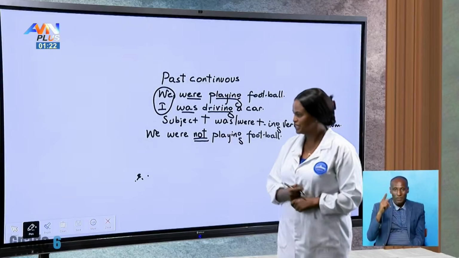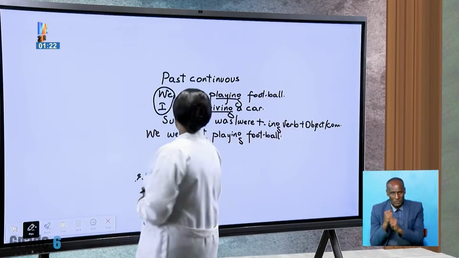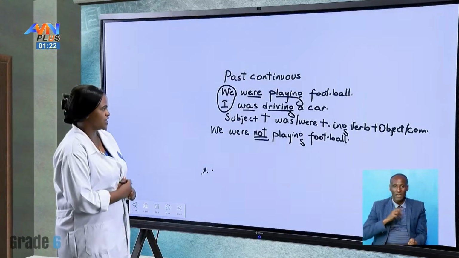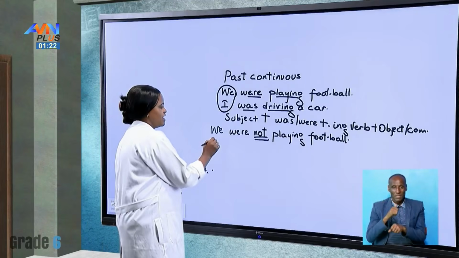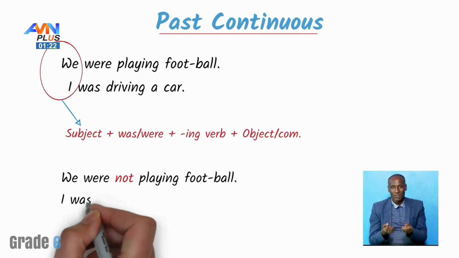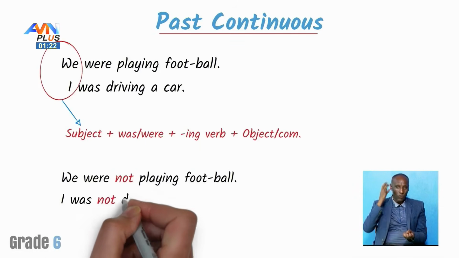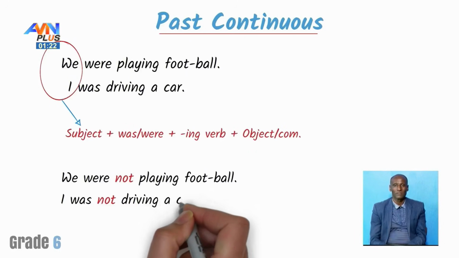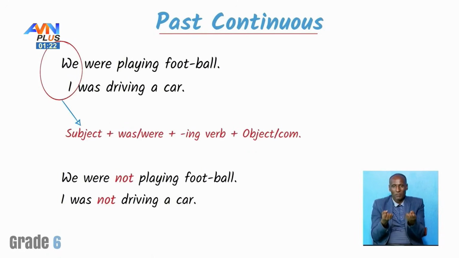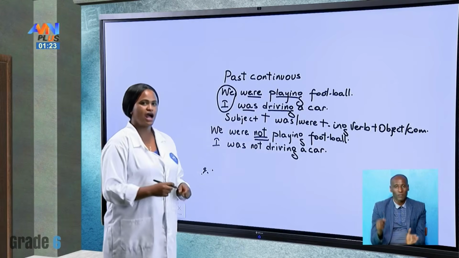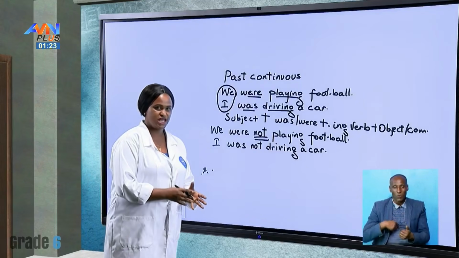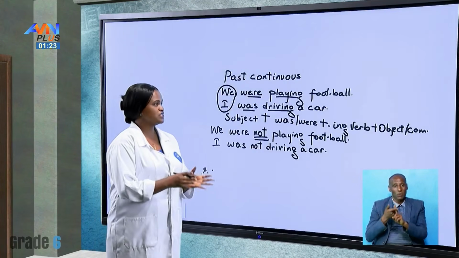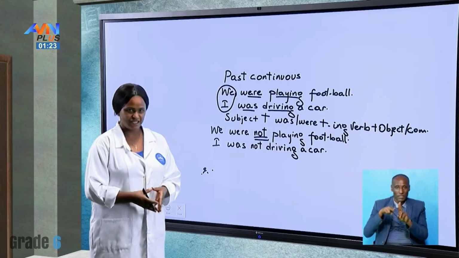Okay, now let's do it together. I was driving a car. Let's make it negative. I was not driving a car. Full stop. This is how we make a positive past continuous, negative.